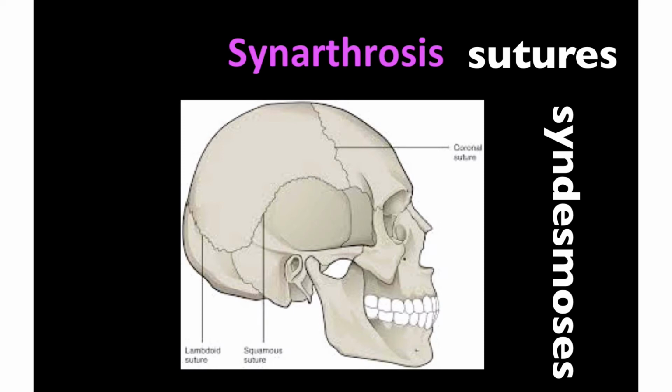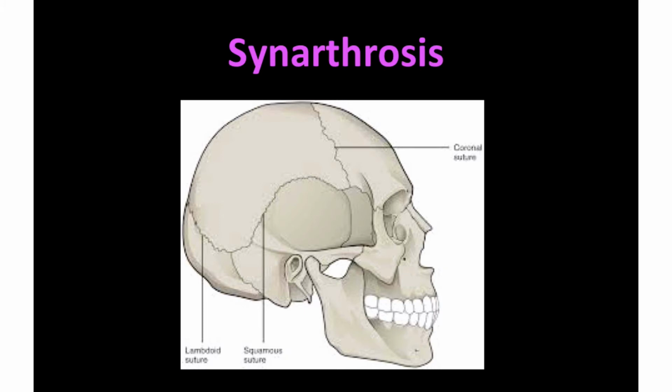And the tooth socket, that is to say where the tooth articulates with the socket of the mandible, is known as a gomphosis. So sutures, gomphoses, and syndesmoses are under the category of synarthroses.